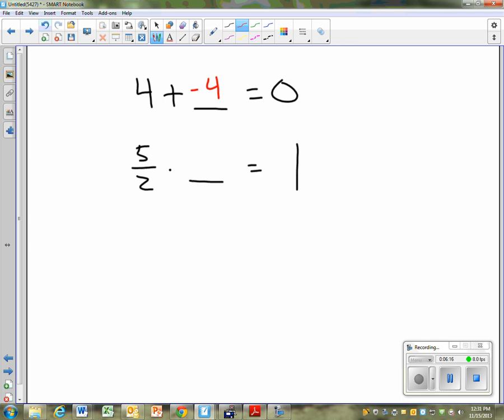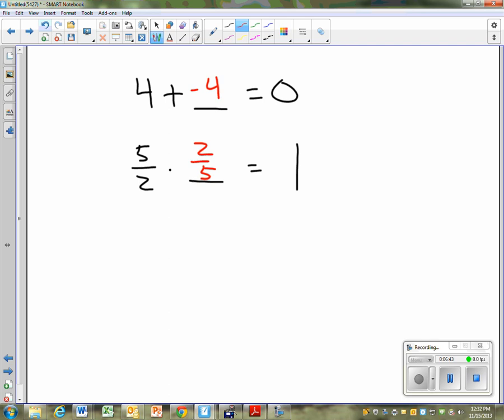Okay? -4 is the additive inverse of +4. If you take any two additive inverses and add them together, what are you always going to get? 0. Okay? What number do you multiply 5 halves by to get 1? So 5 halves and 2/5 are what we call multiplicative inverses. Any two multiplicative inverses multiplied together will give you 1.